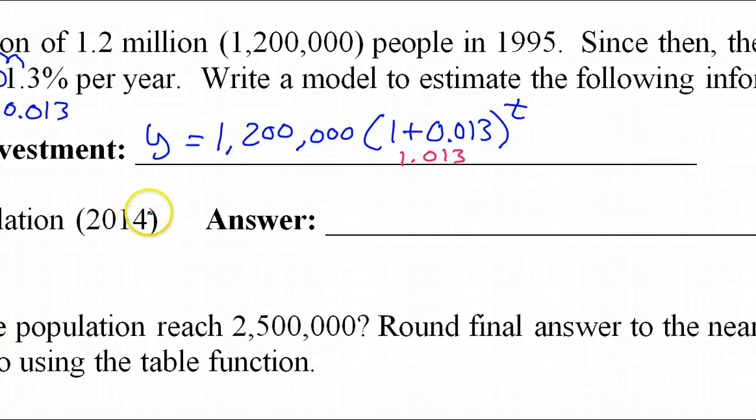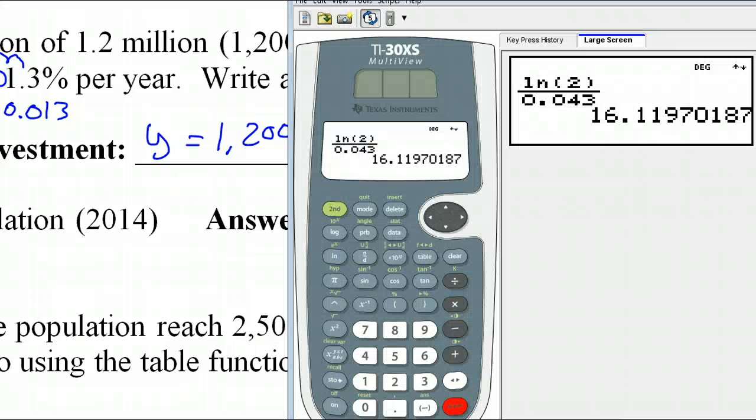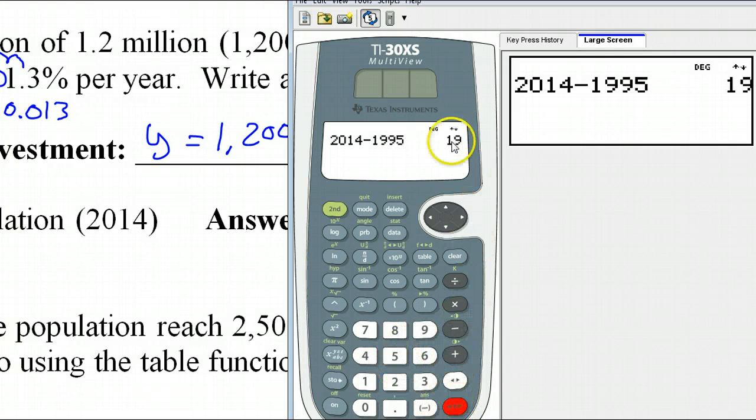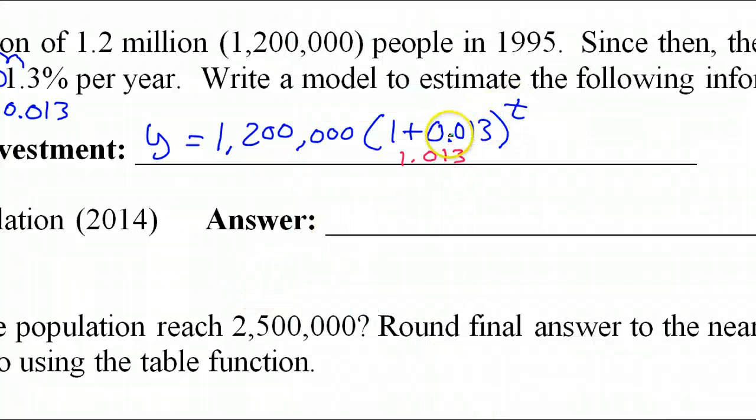From the year 2000 to 2014, that's 14 years, and then to go back to 1995, that's another 5 years. So that's a total of 19 years. If you could not follow that, you would subtract 2014 minus 1995, and you get 19.